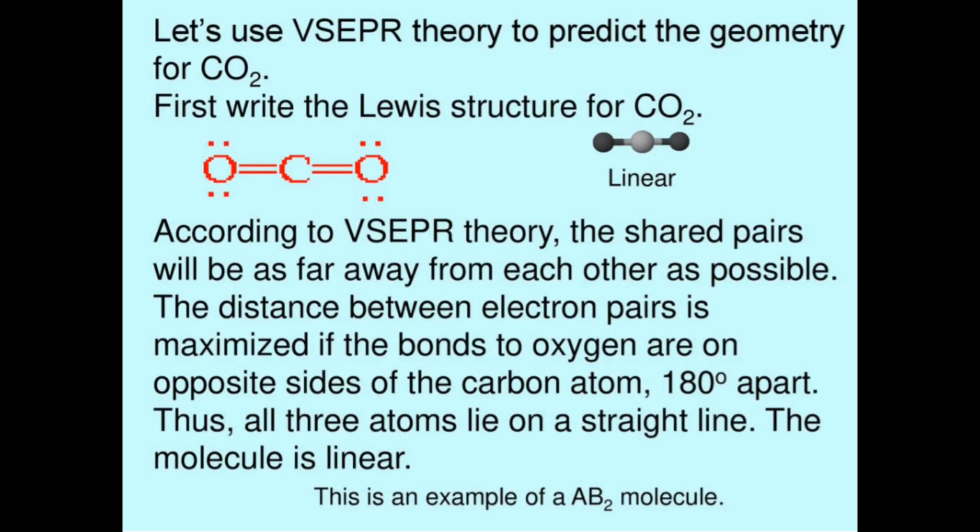Now according to VSEPR, the electron pairs will be as far away from each other as possible. So the distance between electron pairs is maximized if the bonds to oxygen are on opposite sides, that's 180 degrees apart. Because you want to obey the VSEPR rule, they must be far apart so that there will be less repulsion.